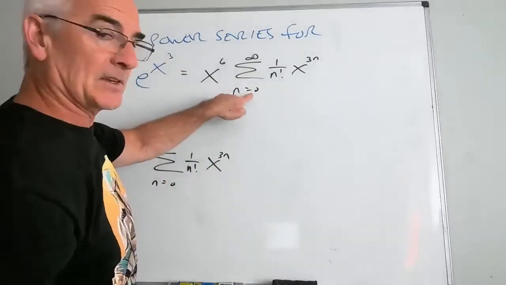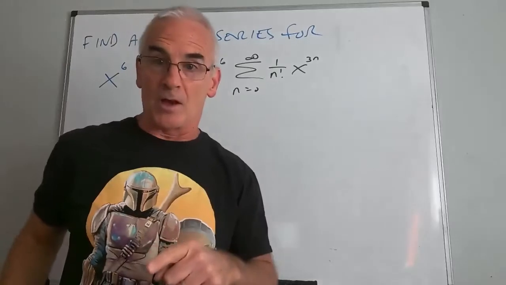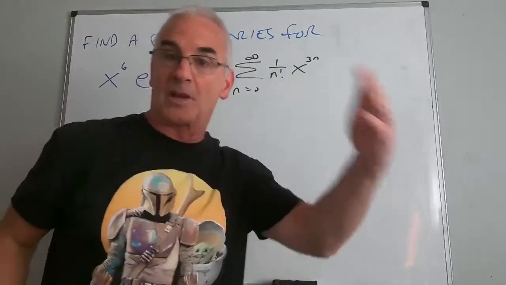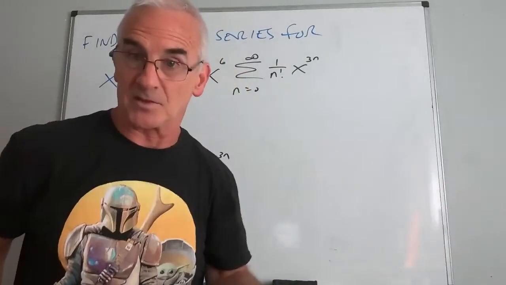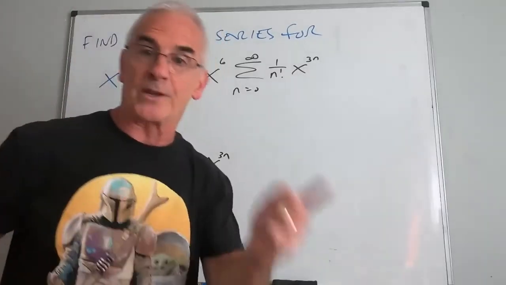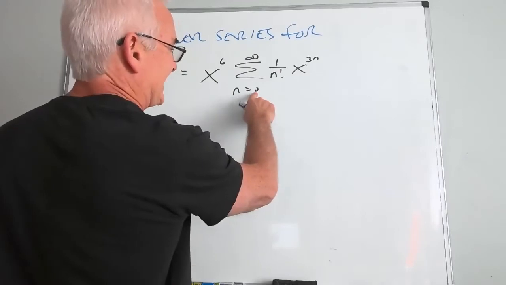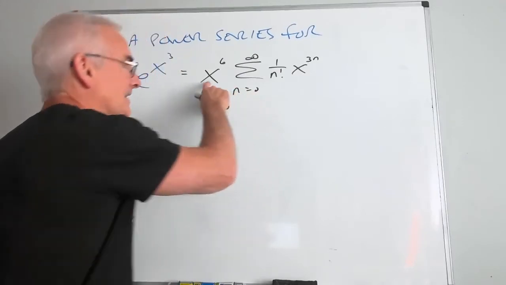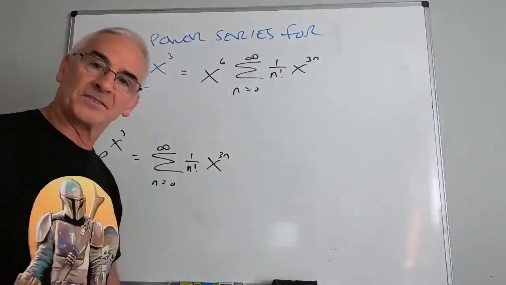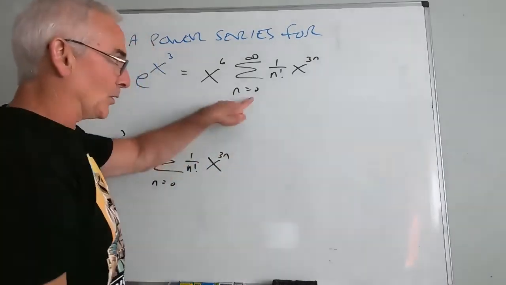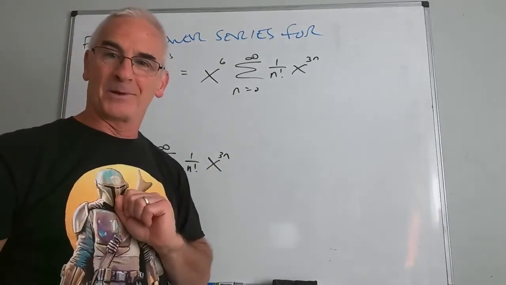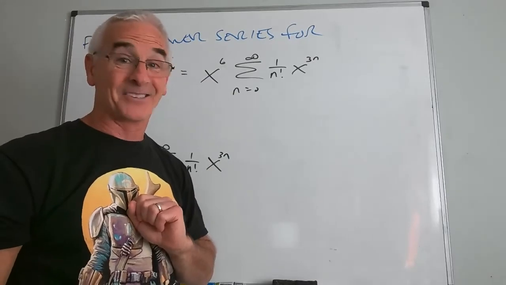N is the only thing that is changing. But remember, the sum of a constant times the function is a constant times the sum. Constants can go in and out of the sum. Since the only thing changing is the n, then technically is x to the 6th a constant or a function? Anybody? It's a constant.